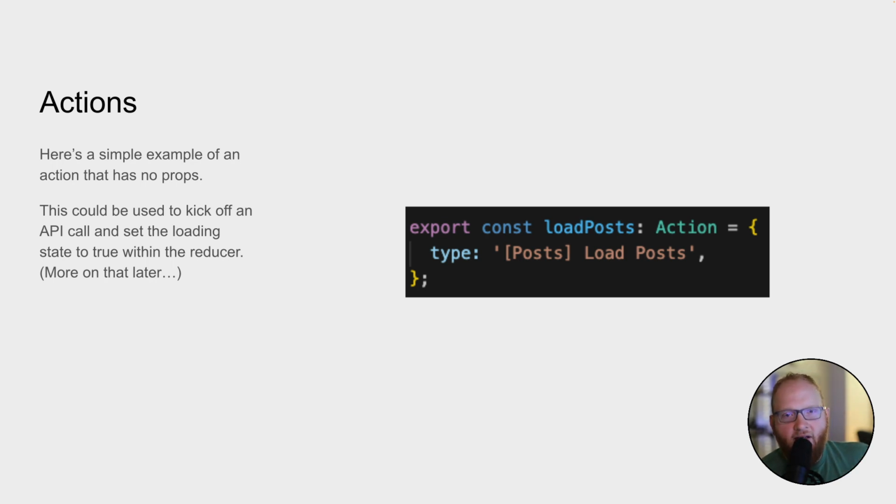This load posts action in our app will kick off the API call to load posts. It will kick off the API using an effect, but we'll get into that later. It will also be picked up by the reducer to affect the state, to tell our state that we're going to be loading until the posts get loaded. More on that later.